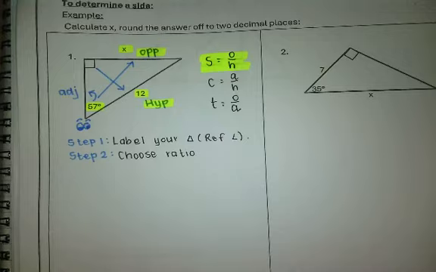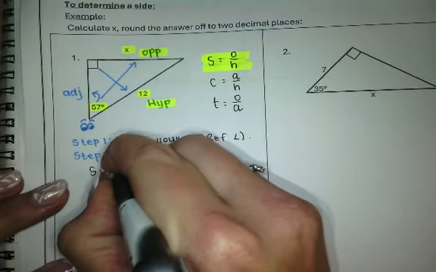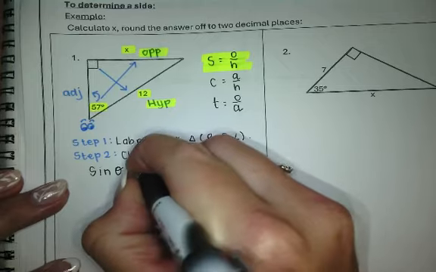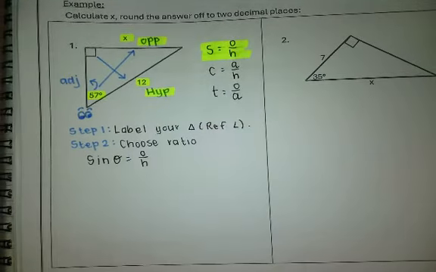You with me? So we're going to use sin theta equals opposite over hypotenuse. What I've just written down is the notation before substitution. I haven't substituted anything in yet.